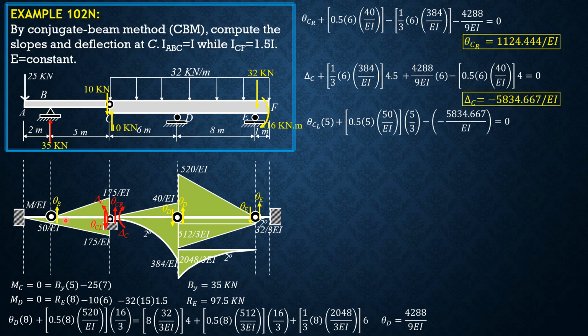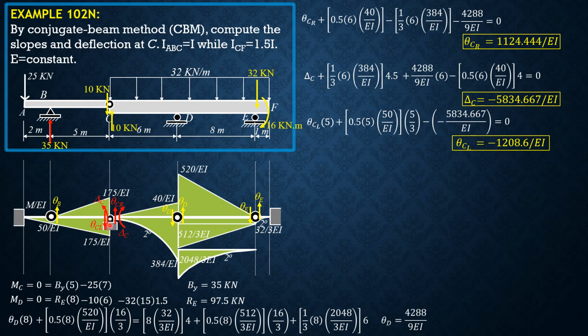So summation of moments about B is 0 considering BC. Clockwise positive. So theta C left times 5, because this is downward for this triangle here, plus 0.5 of 5 times 50 over EI, with 1/3 of 5, or 5/3, as the moment arm.